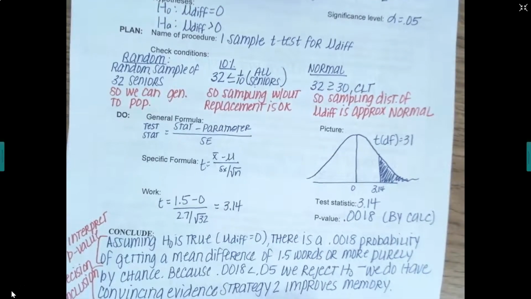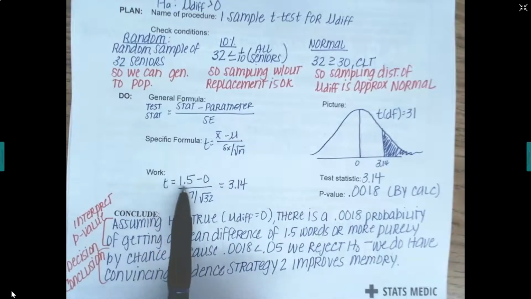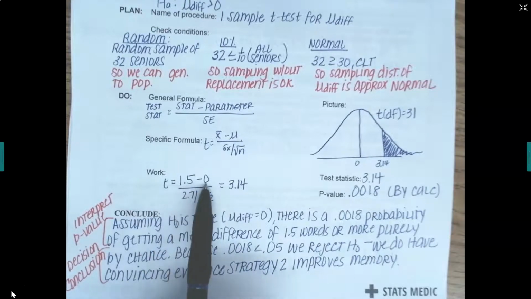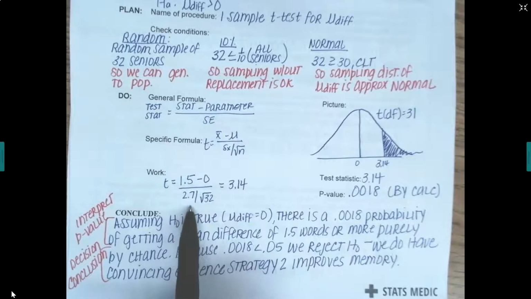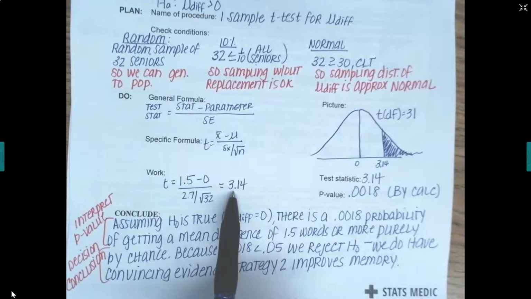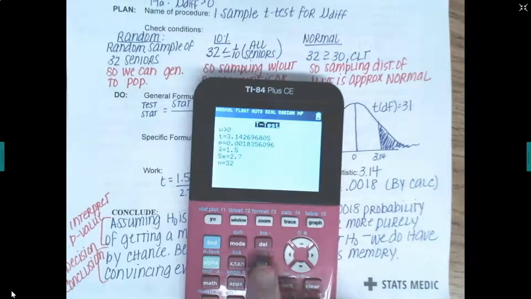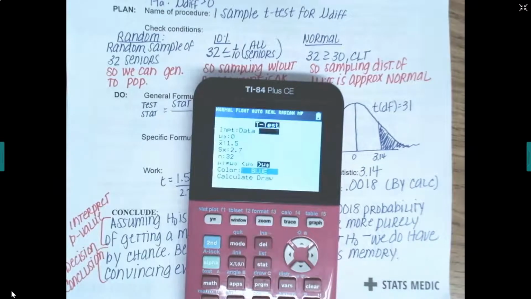So when we come down to the do part, when we plug everything in, we had our mean difference of 1.5 minus our null value of 0 divided by the standard error, which gave a t-statistic of 3.14. When I put this into the calculator, I'm going to remind you what that looks like. Go into stat, over to test, t-test.